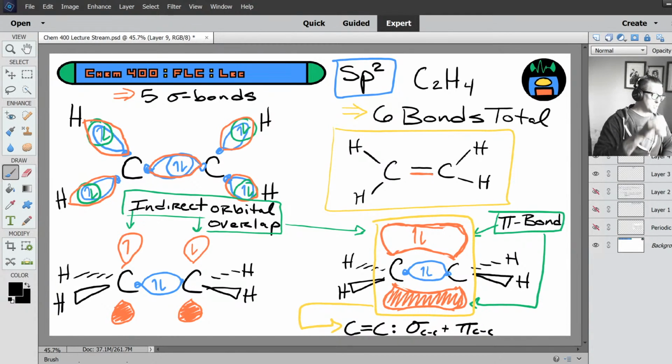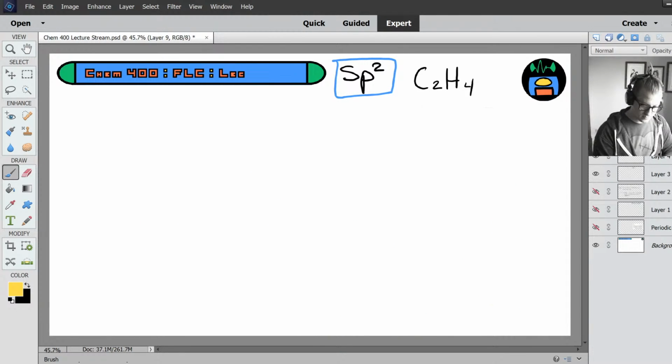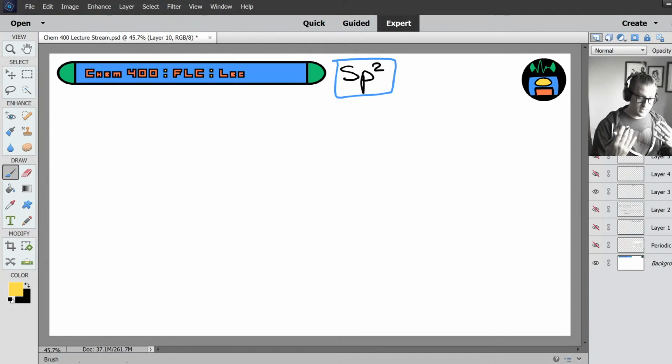All right, it's those two together. That's what makes a double bond. So kind of going full circle, we have 6 total bonds, 5 of them are sigma bonds, 1 of them is a pi bond. All right, and that is what is going on in sp2 hybridization. Everything with a trigonal planar electronic geometry is sp2 hybridized.